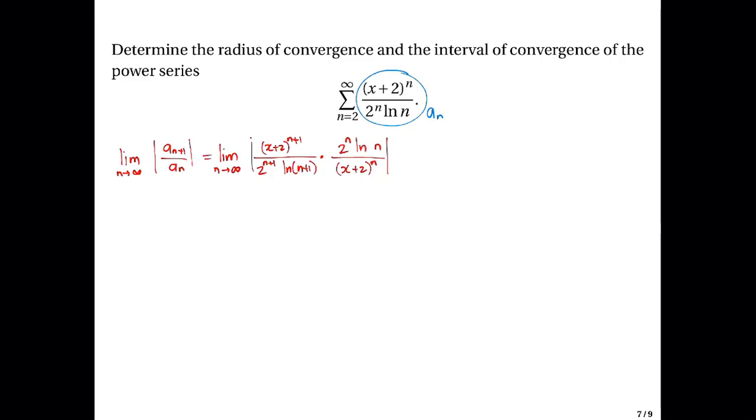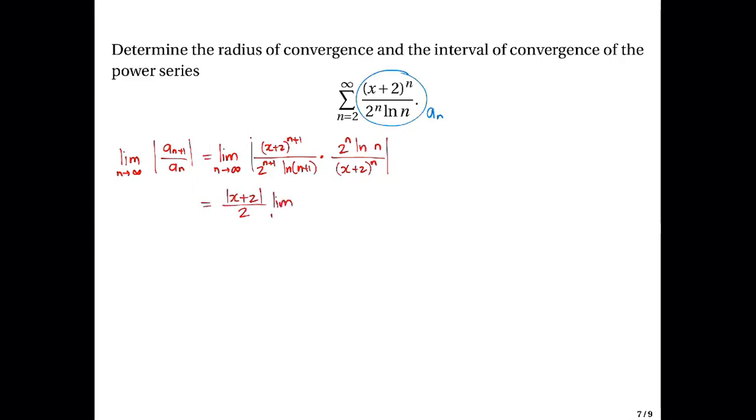Okay? So, and then after doing the cancellation, we will bring out that x plus 2 over 2 because, again, they are independent of n. So you will have absolute value of x plus 2 over 2.